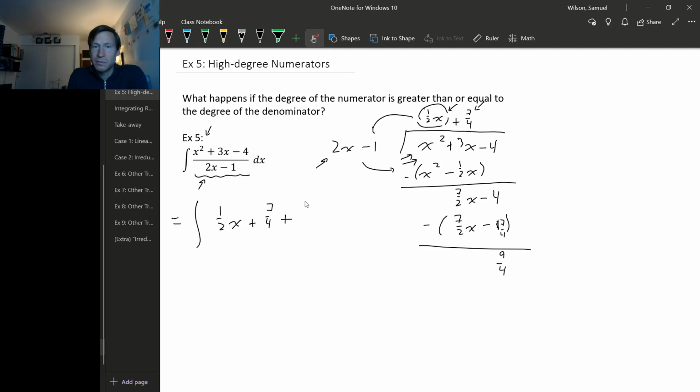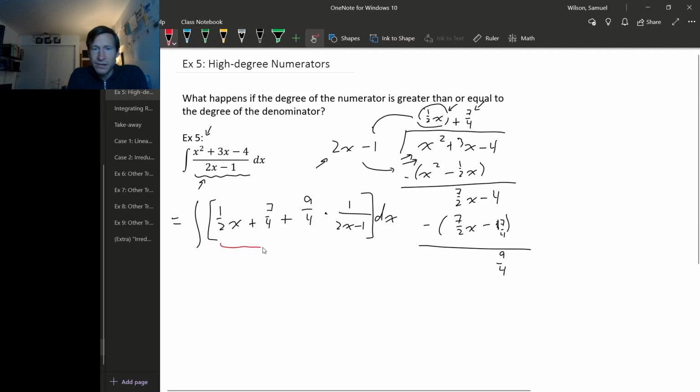So plus the remainder, 9/4, times 1 over the divisor, 2x minus 1, dx. Okay, now notice the result of this long division is a polynomial piece that was the quotient plus a rational piece. The rational piece still has the same denominator as we started with, but now the numerator has degree lower than the denominator. And that means that we can use the tricks that we saw before.